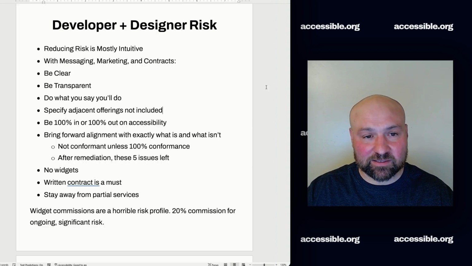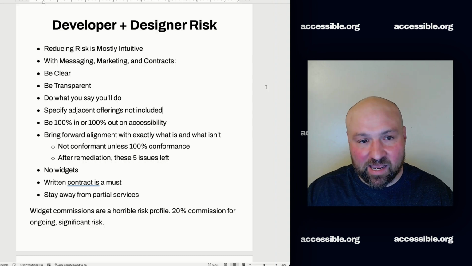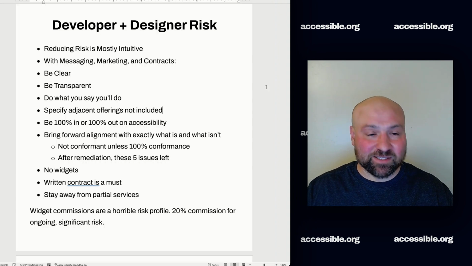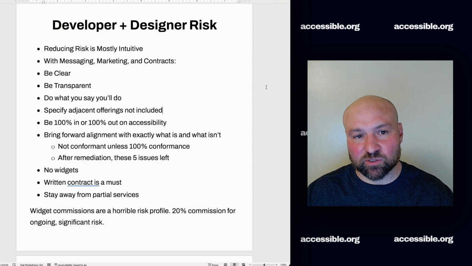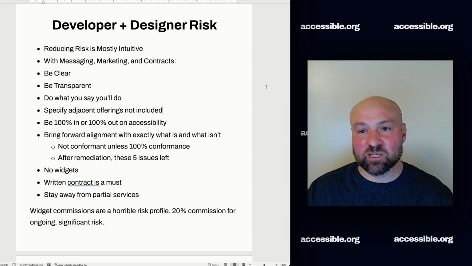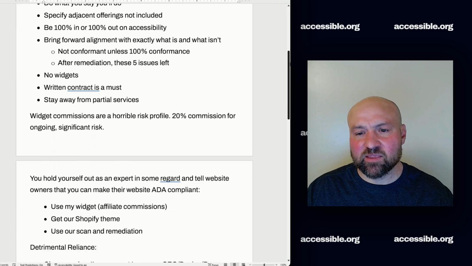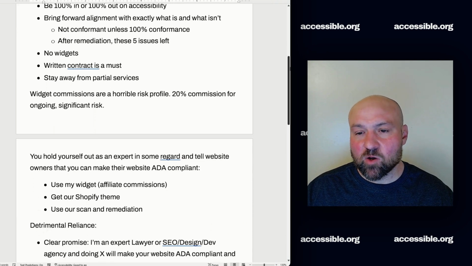If you can't set out your offering in very concrete, tangible terms that are definitive, then you've got a problem with your offering. So I would stay away from the partial services. It's not to say that you can't offer them, but they can be potentially problematic, and it increases your risk profile.